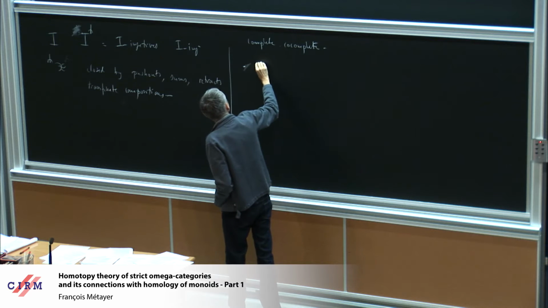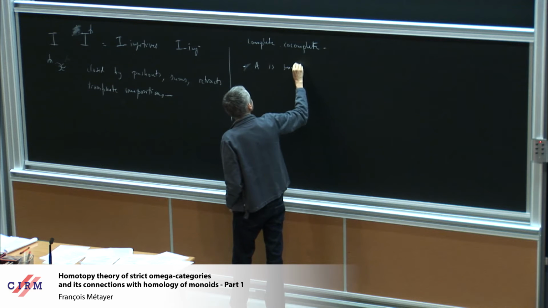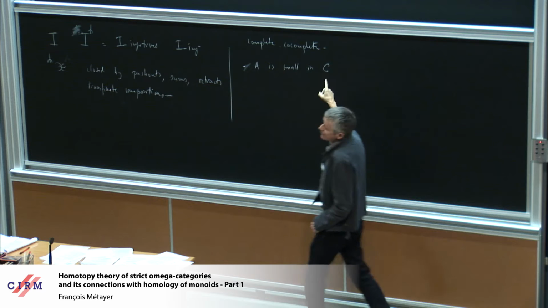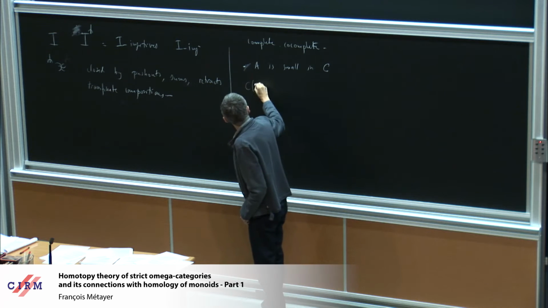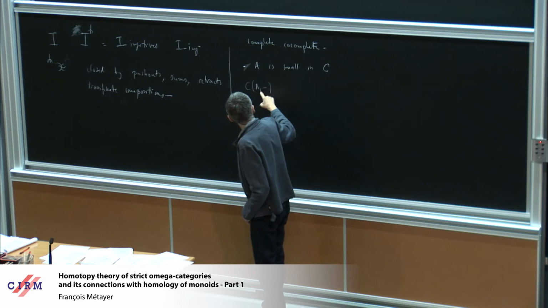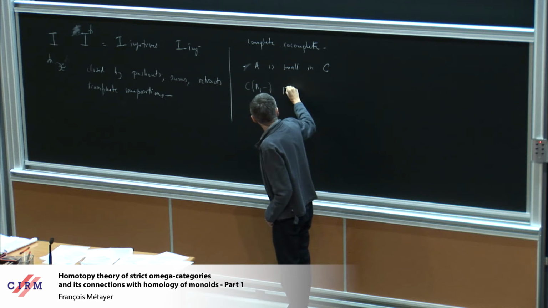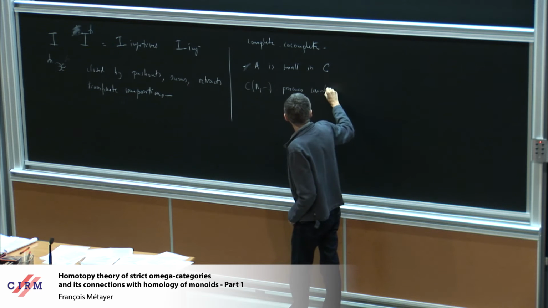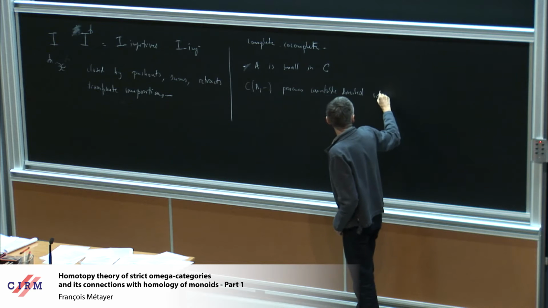We say that an object A is small in C if the Hom functor here preserves countable directed colimits.